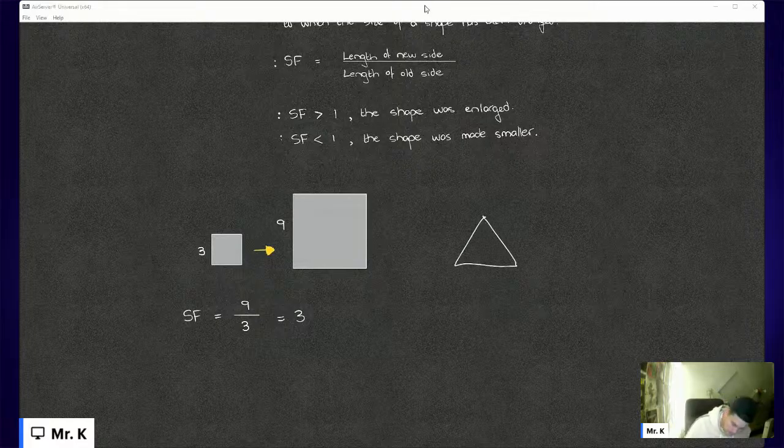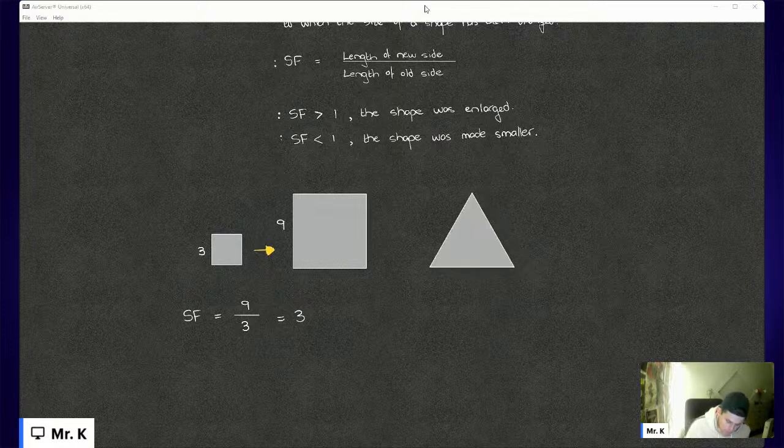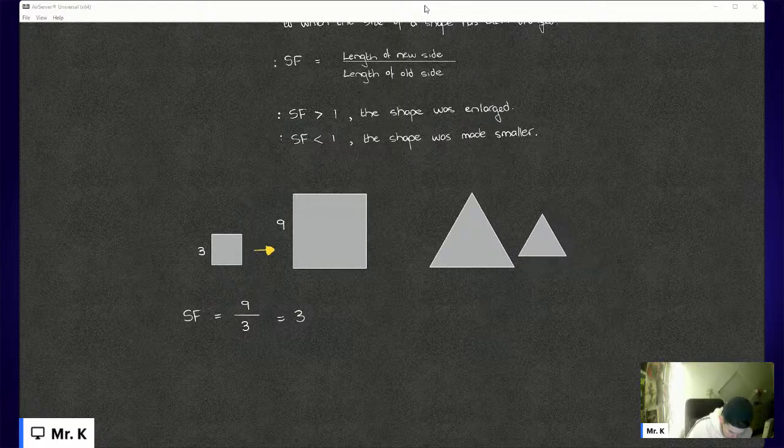But if I have a triangle like this over here that was originally much bigger, and we decided for some other reason to make this shape smaller, right?